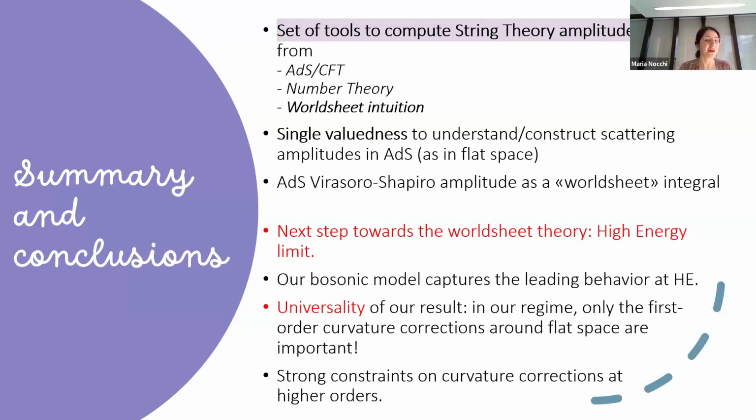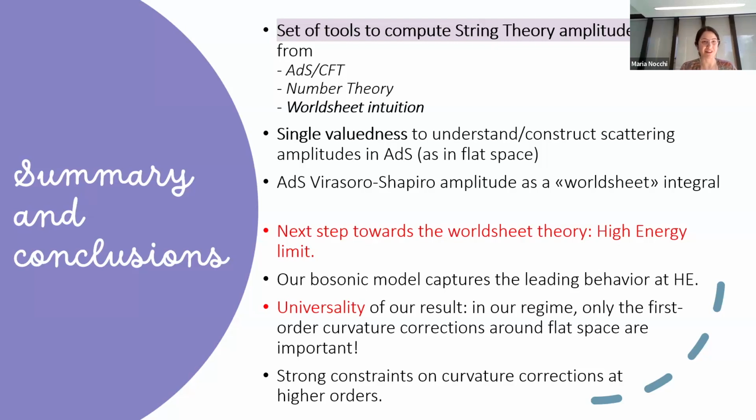I tried also to argue that the next step towards the worldsheet theory seemed to be to study the high energy limit, because a lot of physics is there, and especially because of the universality of our result, the same universality, if you want, that Gross and Mende tried to argue in the original papers.